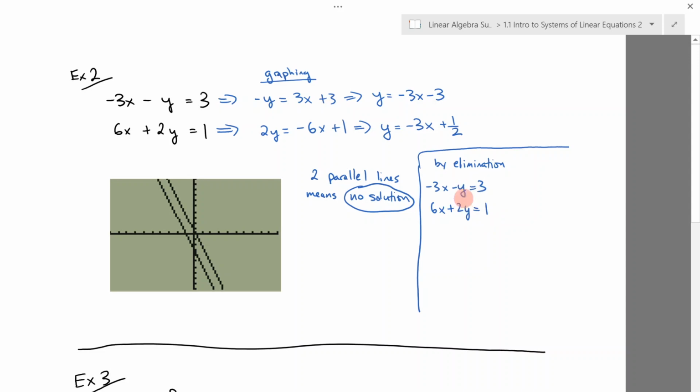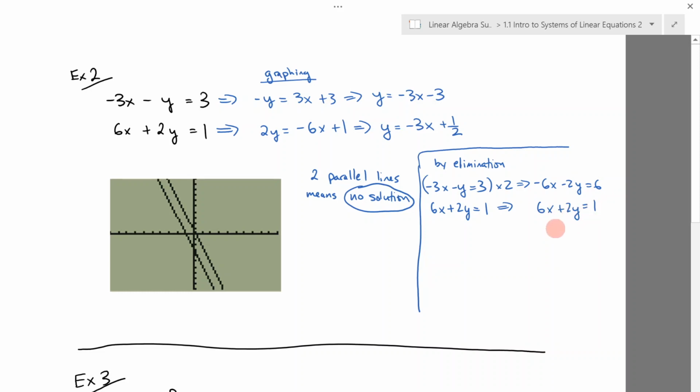So the y's have opposite signs, so I just need to match their coefficients. So let's multiply this by 2. This one stays the same. So multiplying by 2, you get minus 6x minus 2y equals 6. And then the second equation stays the same.